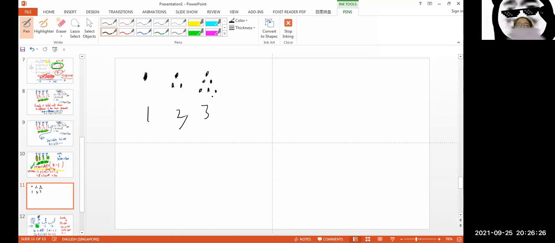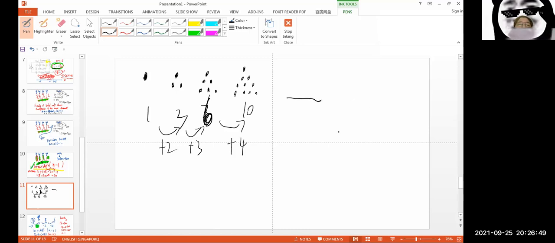This is 1, 2, 3, which is 6. I think you know what the next one is. This is plus 2, this is plus 3, so the next one is plus 4, which is 10. Then they will ask you for the next figure: 1, 2, 3, 4, 5, and you end up with 15.